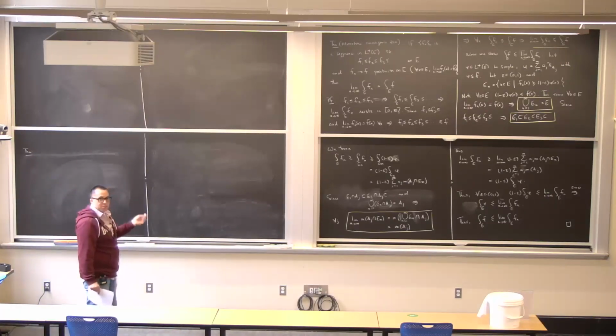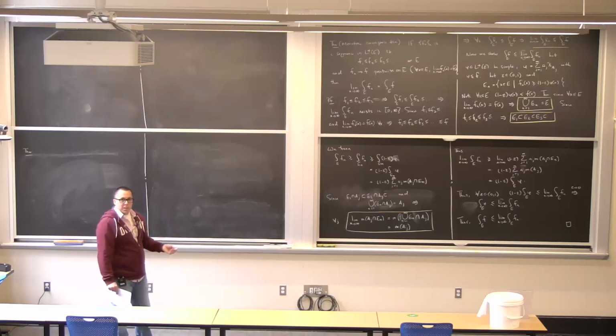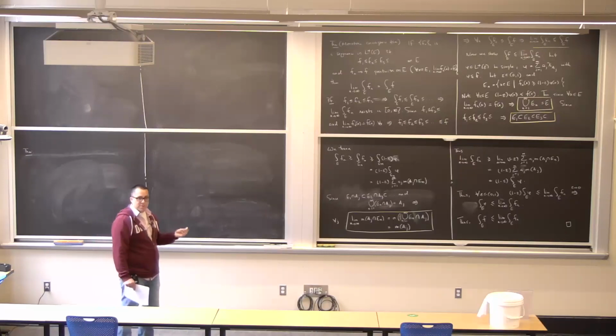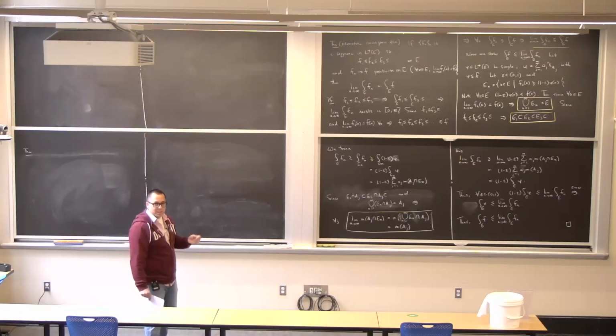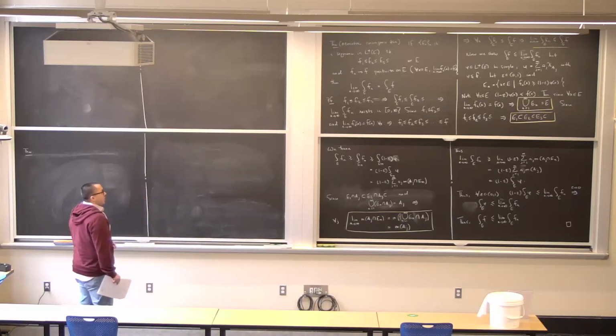Remember, the integral, which I just erased, is defined as the sup over all integrals of simple functions, right? So in order to actually compute the integral of a non-negative measurable function, I would have to find out the integral of every simple function less than or equal to it, and take the sup over that whole set, which is kind of a useless or impossible way of computing the integral.